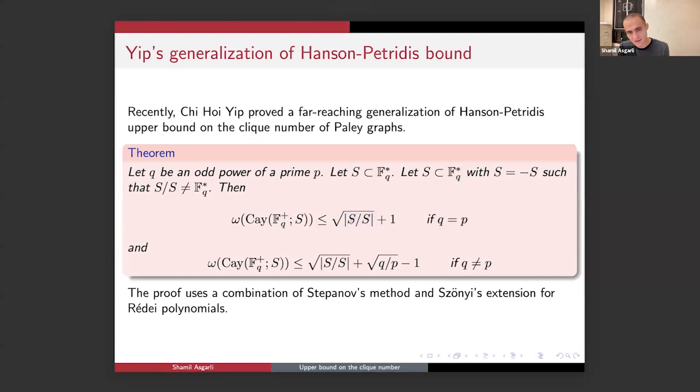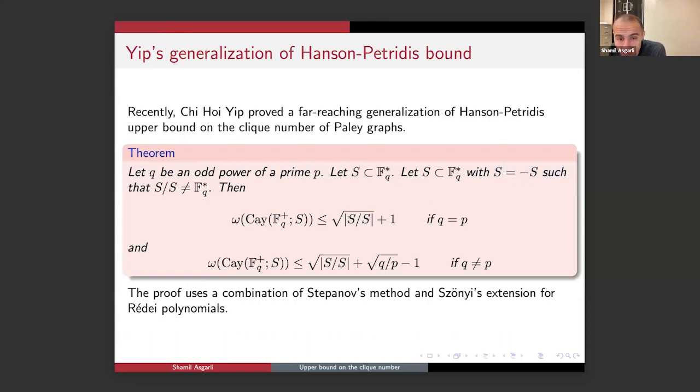This might be interesting for people who work in additive combinatorics: to understand how big or how small the set can be. If you take a set S such that S is minus S, this is not a large restriction.